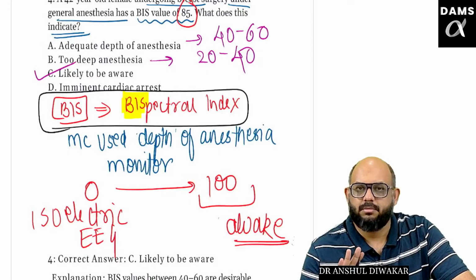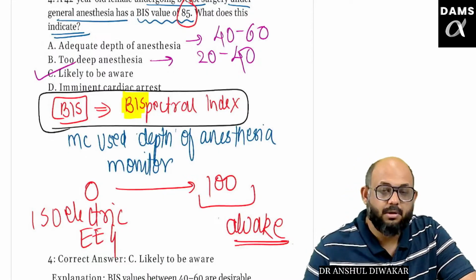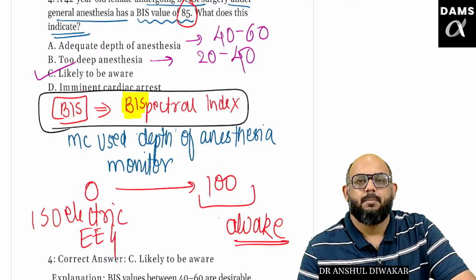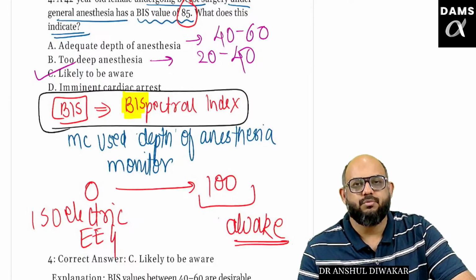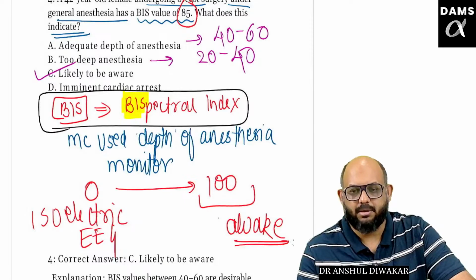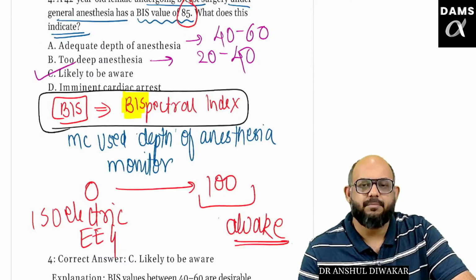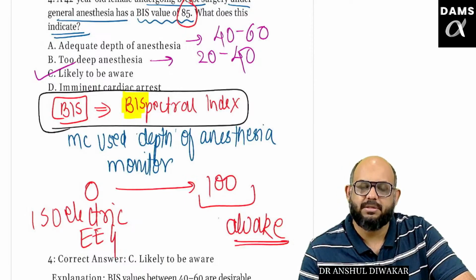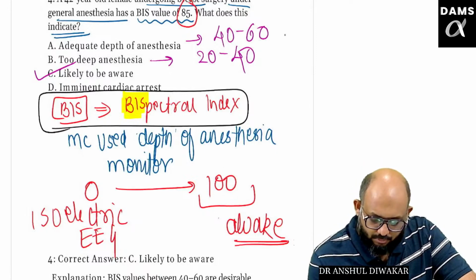Now, last question from this topic. If BIS is the most commonly used depth of anesthesia monitor, and remember this question, can you tell me the gold standard?